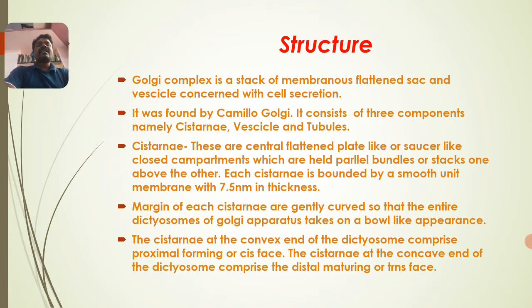The cisternae at the concave end, the basal region of the dictyosome, comprise the distal maturing or trans face. So the Golgi apparatus has two faces: the cis face, the convex part of the dictyosome, and the trans face, the concave end of the Golgi complex.